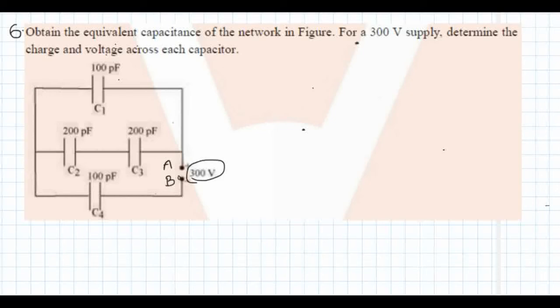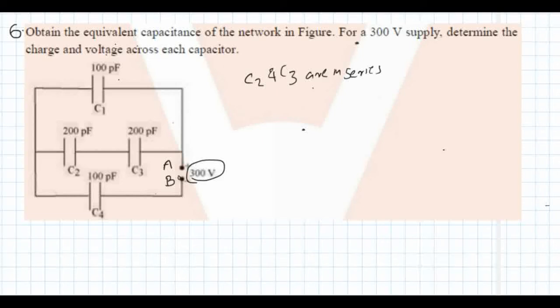2 capacitors in series, right? So when these 2 are in series, what is the effective capacitance? So these are 200, right? That means C2 and C3 are in series, right? So what is the effective capacitance of this?